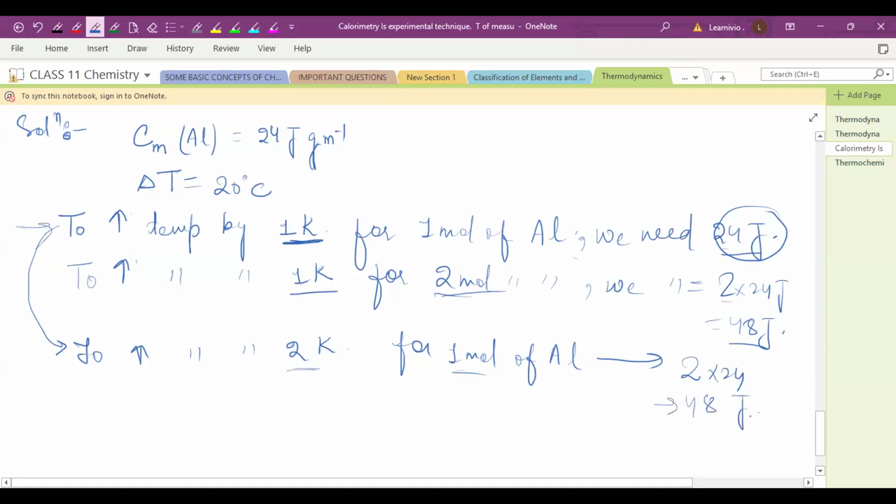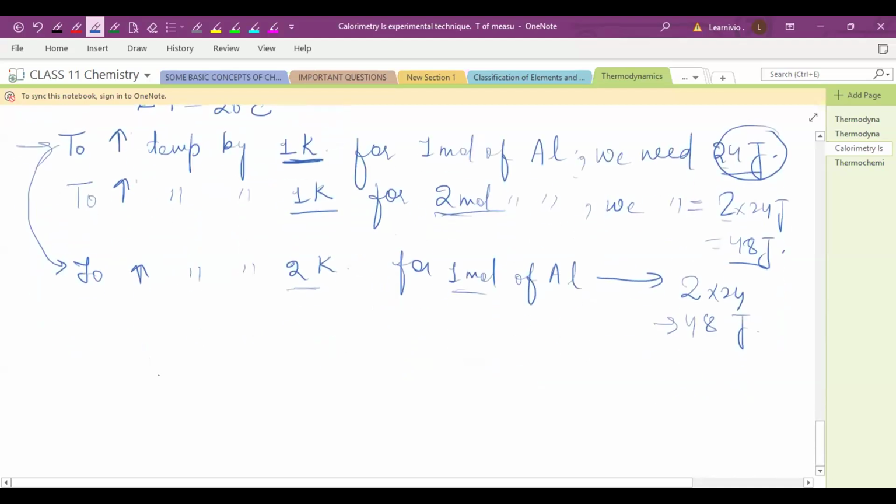Now again, if I ask you to increase the temperature by 2 Kelvin for 2 moles of aluminium, how much energy is required? Sanidhi?